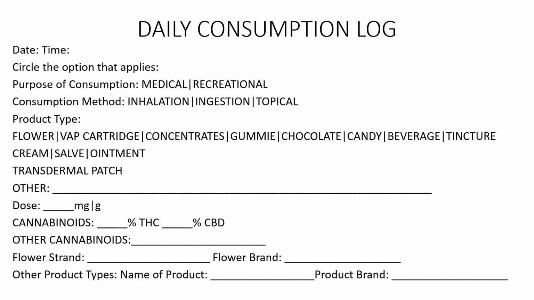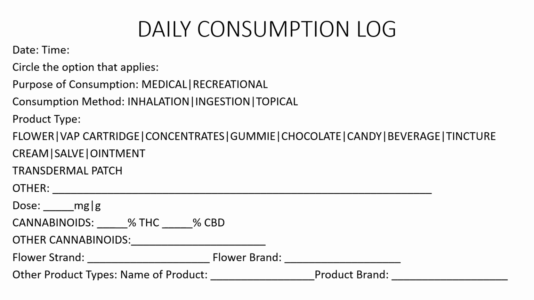You can be a recreational user, and you just so happen to be recording a daily consumption log about the time you use cannabis to kill the pain in your ankle when you bump your ankle, right? So you had a medical consumption. You consumed this cannabis for pain relief.